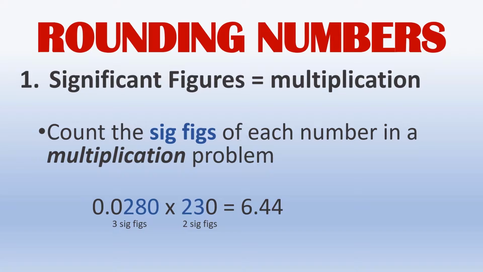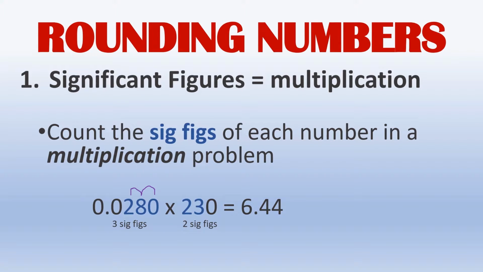For instance, here's a multiplication problem: 0.0280 times 230 equals 6.44. This first number, 0.0280, has 1, 2, 3 significant figures.